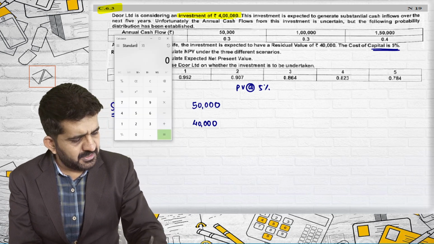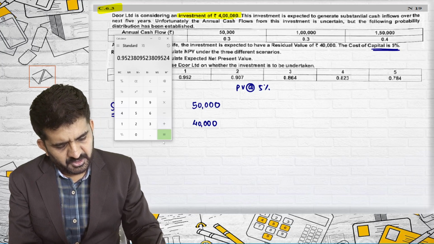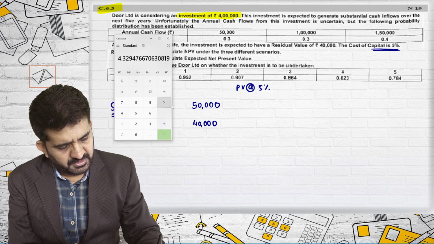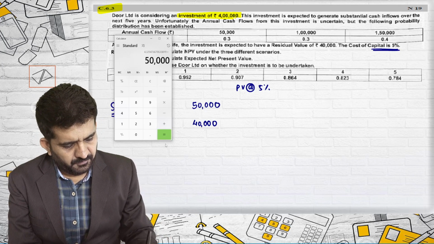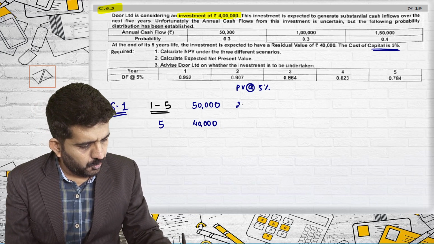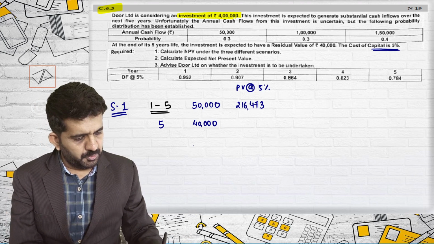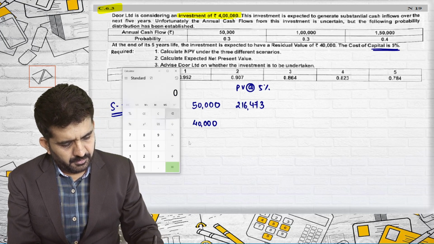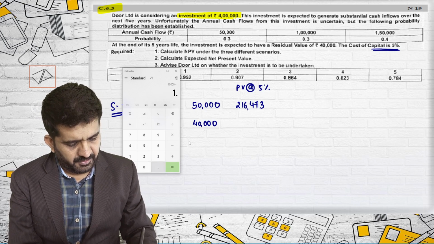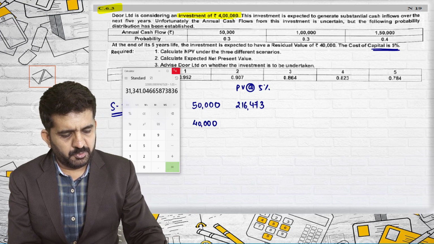I will have to use M plus, 1 divided by 1.05 is equal to M plus, 1, 2, 3, 4, 5, MRC multiplied by 50,000 is 2,16,473. And this 40,000 will be present value after 5 years. It is only 1 year cash flow, which is 5th year cash flow, divided by 1.05, 1, 2, 3, 4, 5. It will be 31,341.